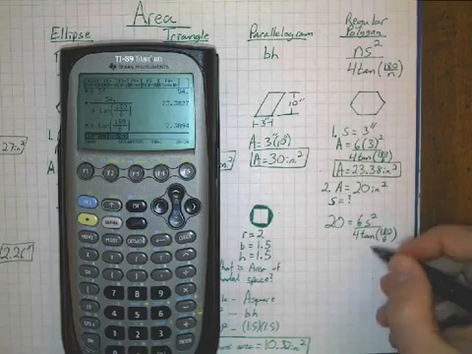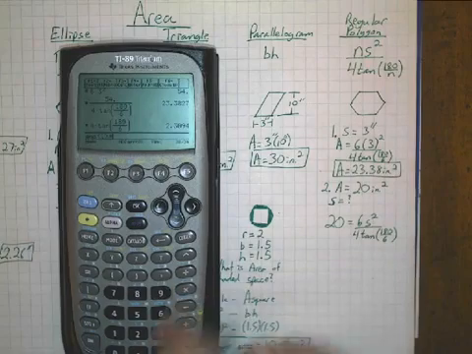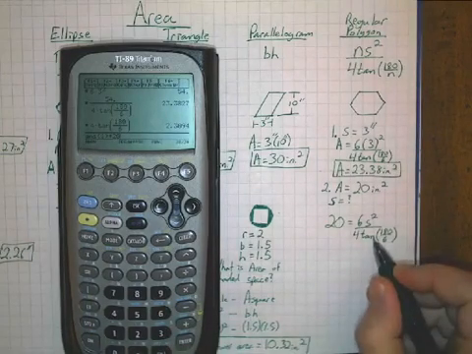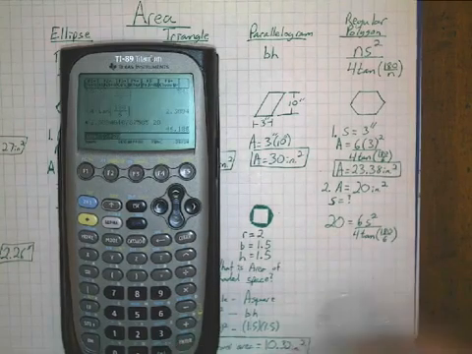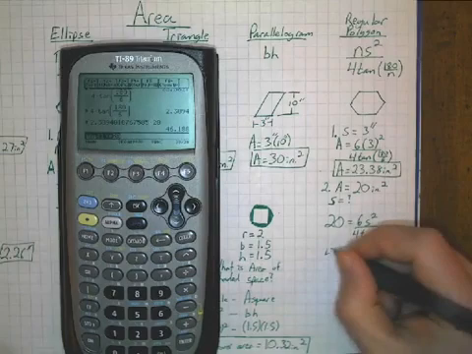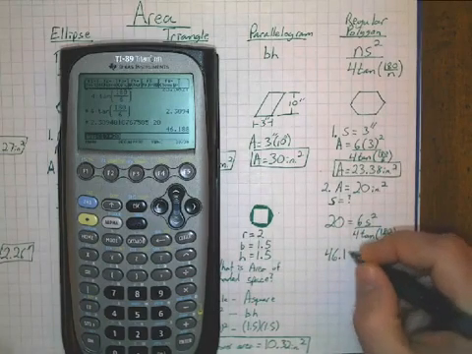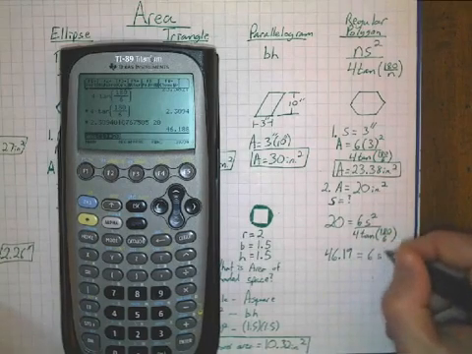And I'm going to take that times 20, because if I'm going to go from the bottom of my fraction over here, I need to multiply it on this side and multiply it on this side. So I have 46.18, or 46.19, let's say, is equal to 6 times s squared.